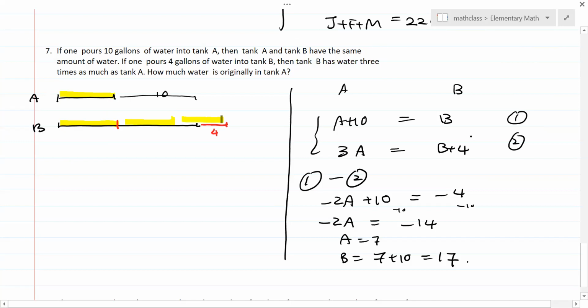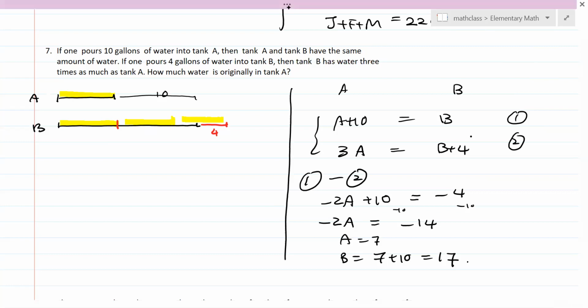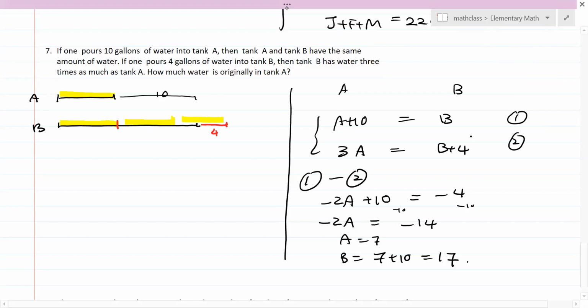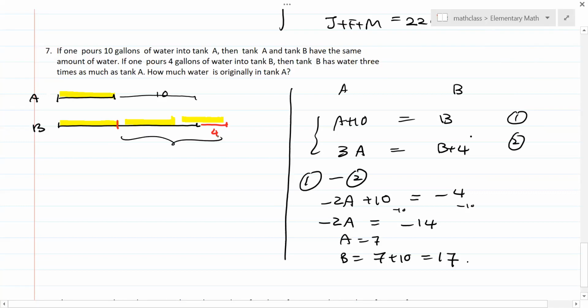So that means if we compare both sides, you will see that this portion total will be 14.